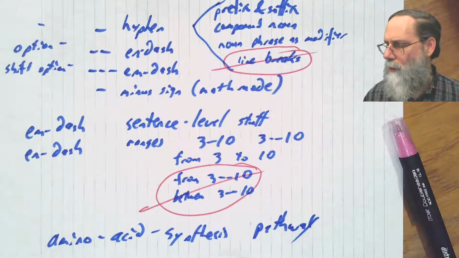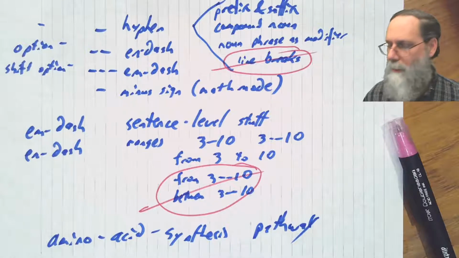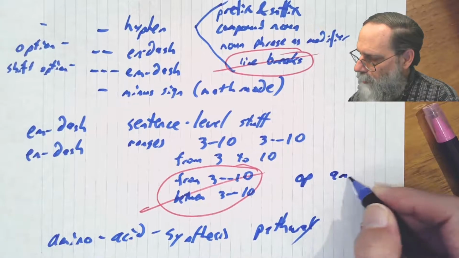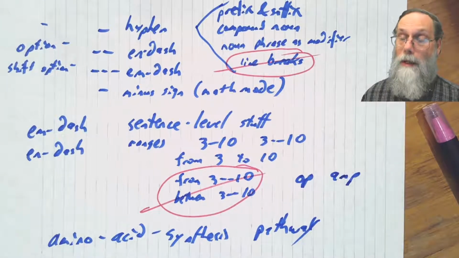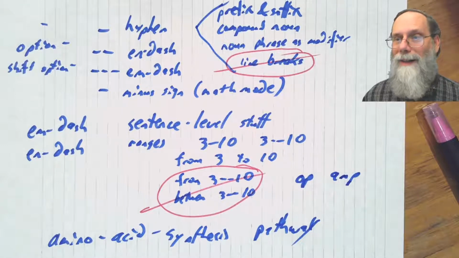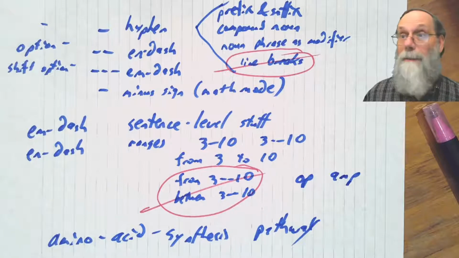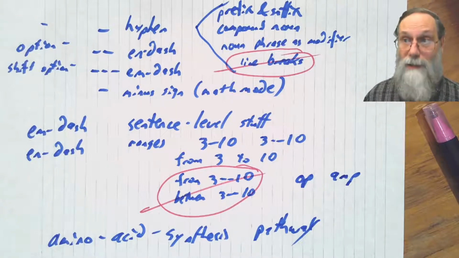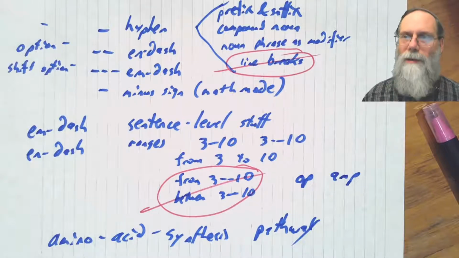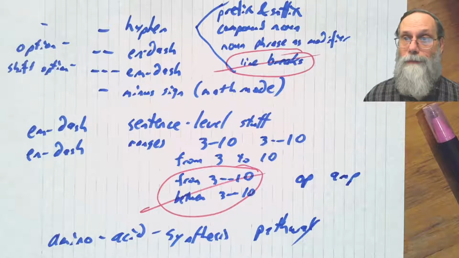So this rule causes some people problems in this class because we use op-amp both as a noun phrase and sometimes as a modifier. When op-amp is modifying something else, it gets hyphenated. When the amp there is the head noun by itself, it doesn't get hyphenated. And so be aware of how you're using something, because that affects the hyphenation.